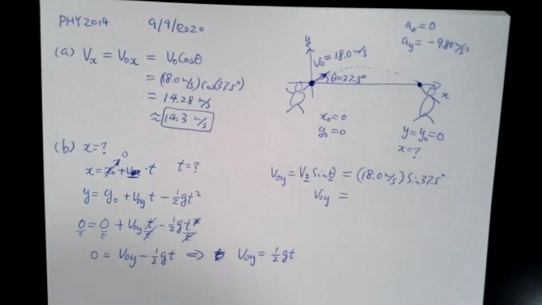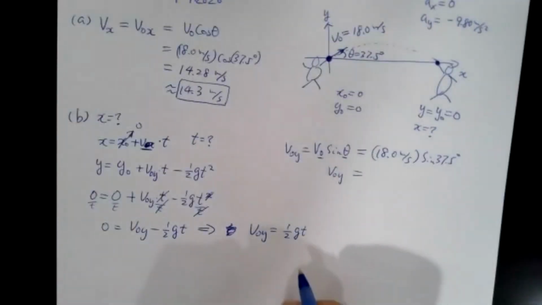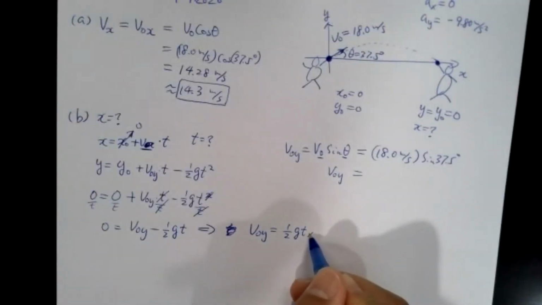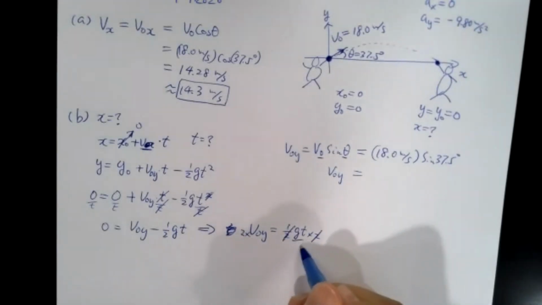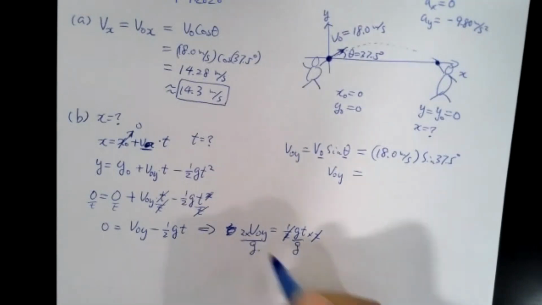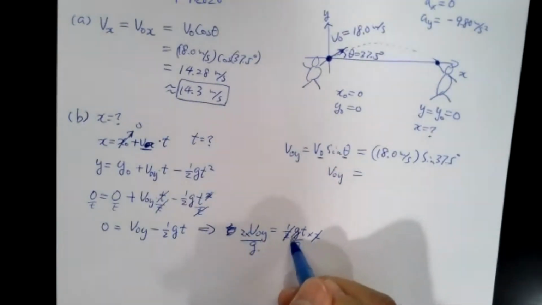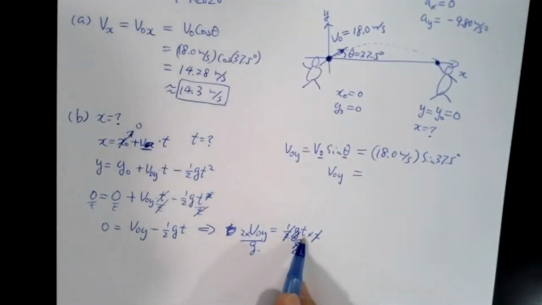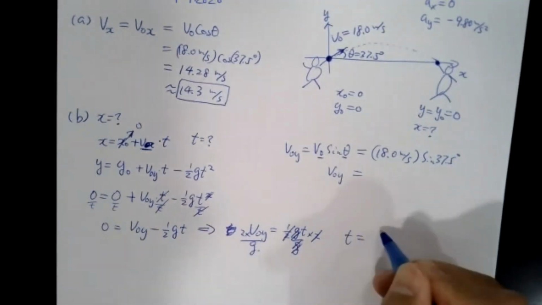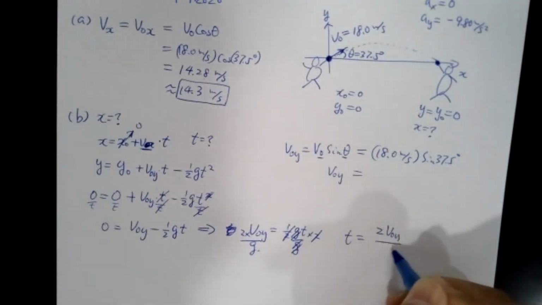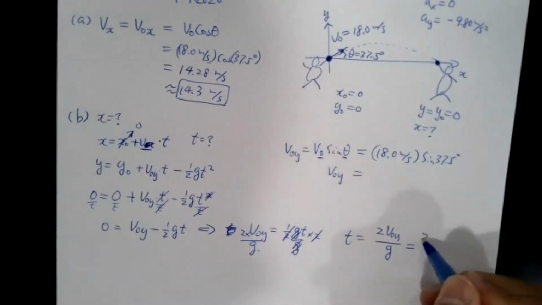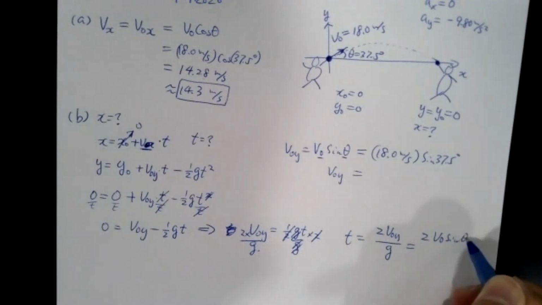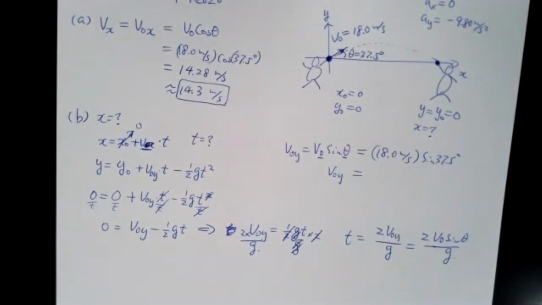Now multiply both sides by 2 to get rid of 1/2, and then divide both sides by g. So t is equal to twice v0y over g, where v0y is v0 sine theta, over g. So this is my expression for t.